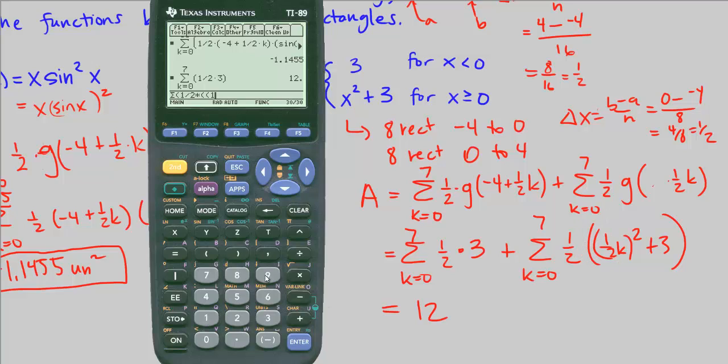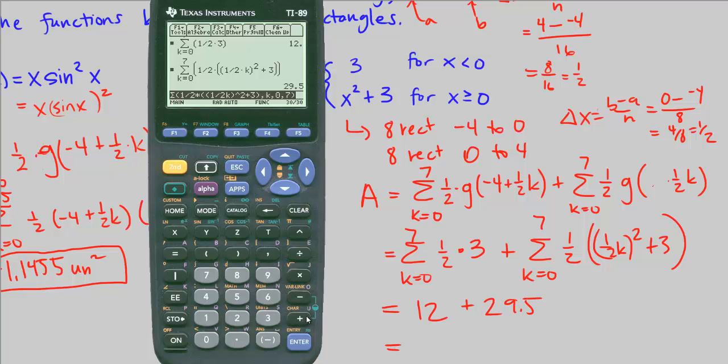And then I'm going to put 1/2 alpha k, close the parentheses, square that, plus 3, close the parentheses. Okay? Comma, our variable, we're using k. Comma, we're going from 0 to 7. Go ahead and push the diamond green button and then enter. And we're going to get, this one was 29.5.